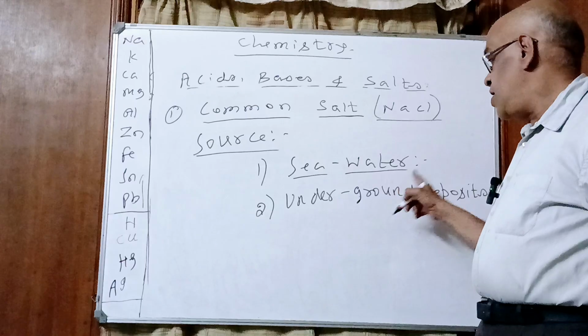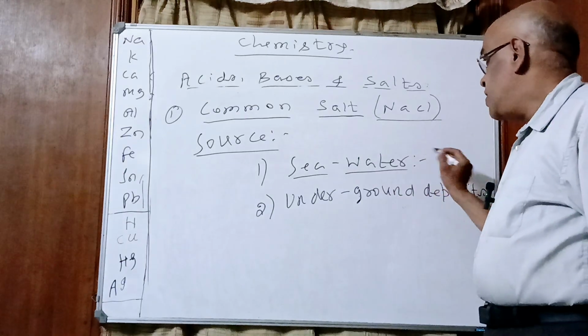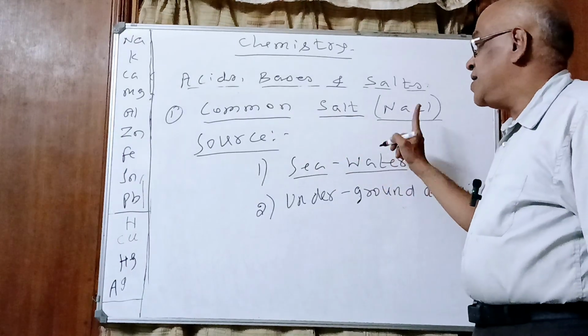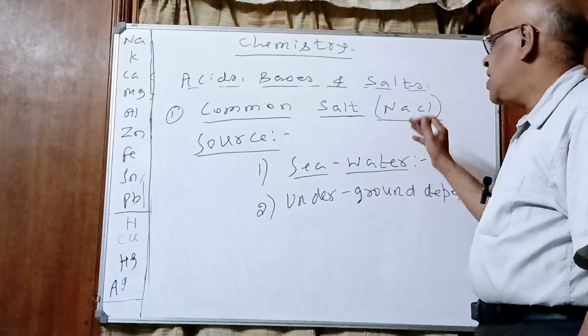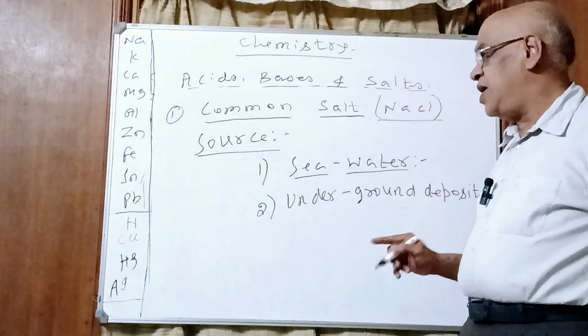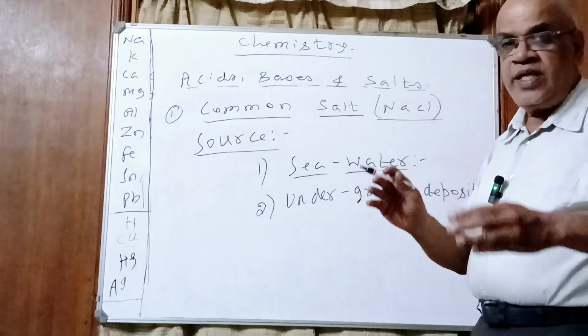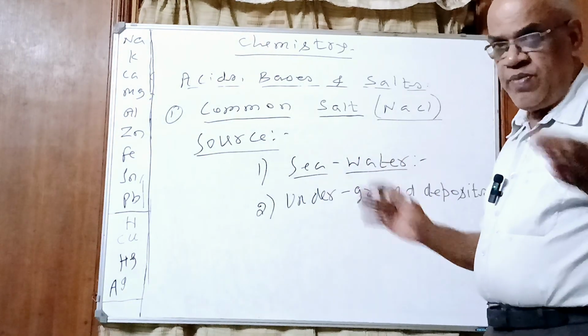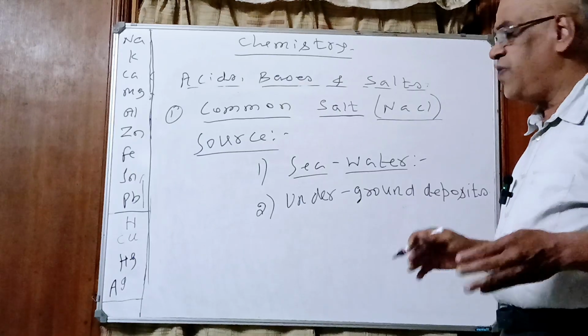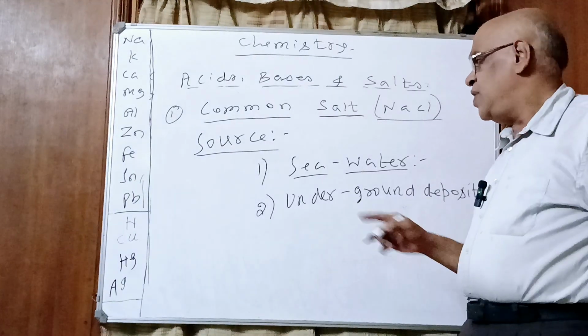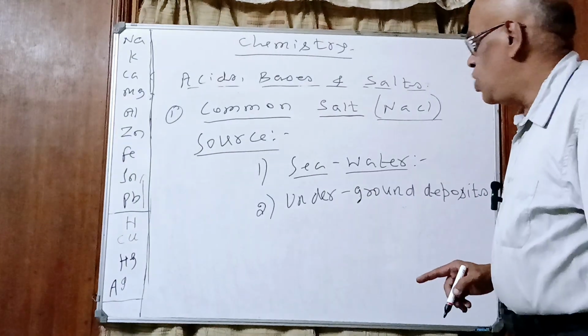Seawater is a mixture of many salts, but with a large amount of sodium chloride. This seawater is collected in a big pool, which is shallow. Shallow means not very deep.